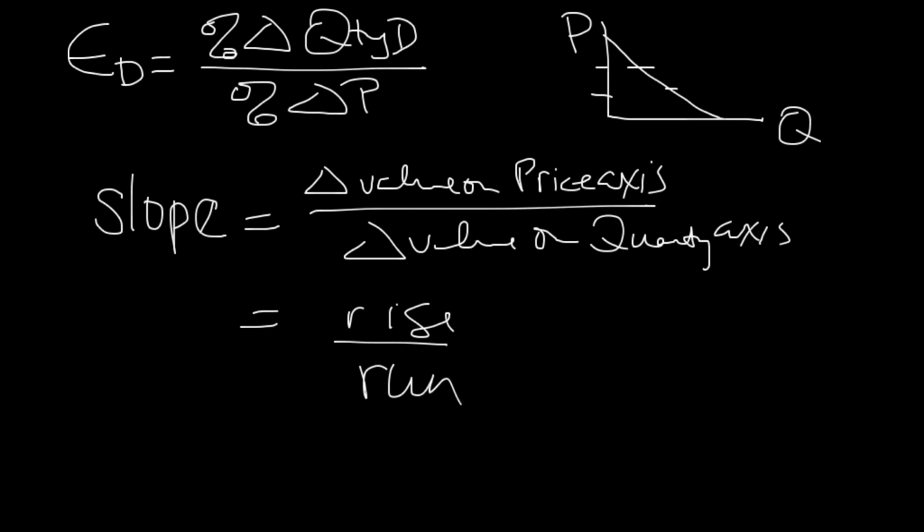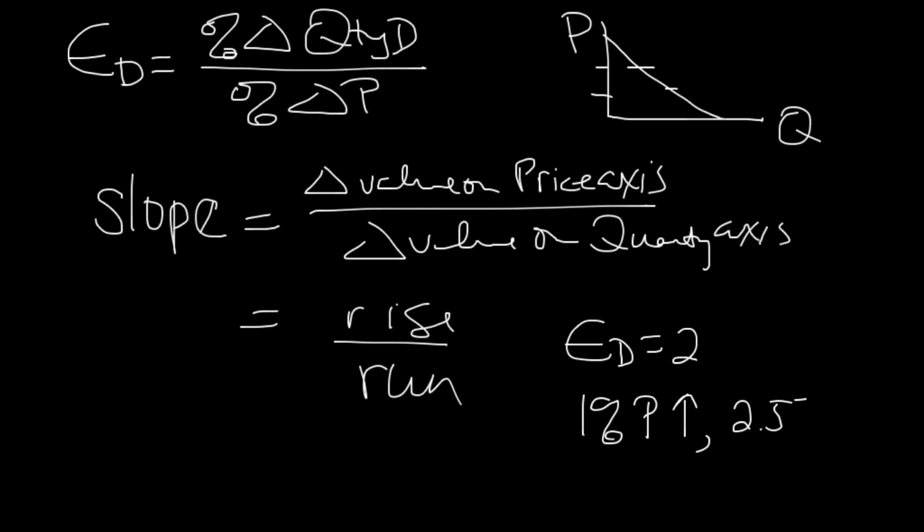If I'm in a position where my elasticity of demand is 2, then for every 1%, let's do an increase, a 1% increase in price, I will get a 2.5% decrease in quantity demanded. Since my total revenue is price times quantity, what I'm seeing here for this particular elasticity that I just invented, oh, sorry, I did have one little mistake there.